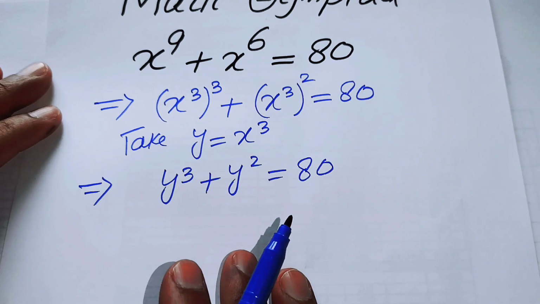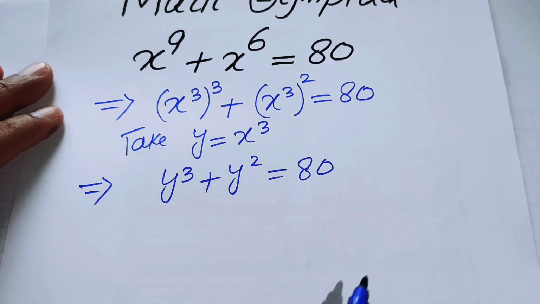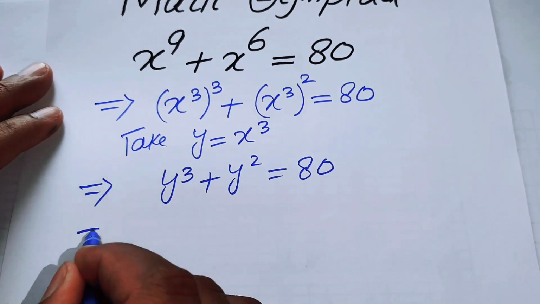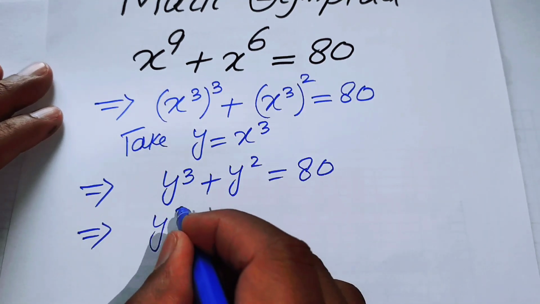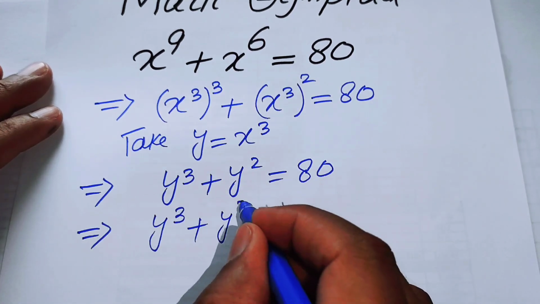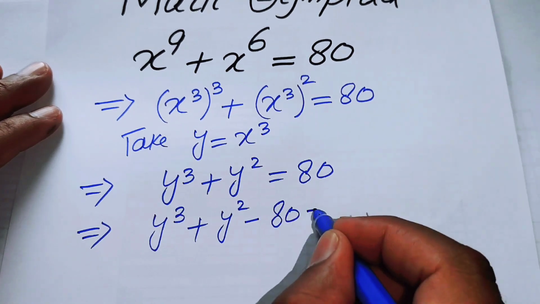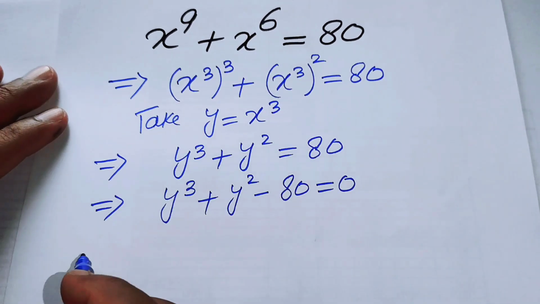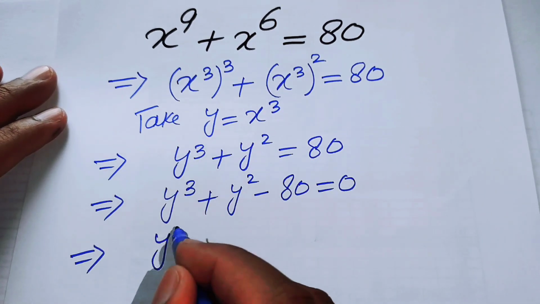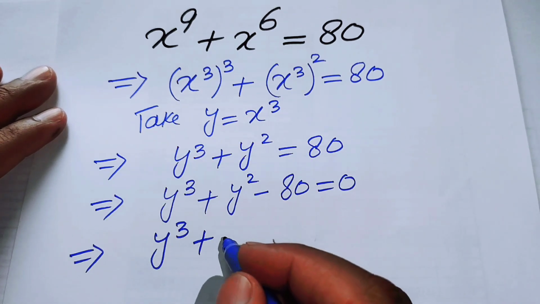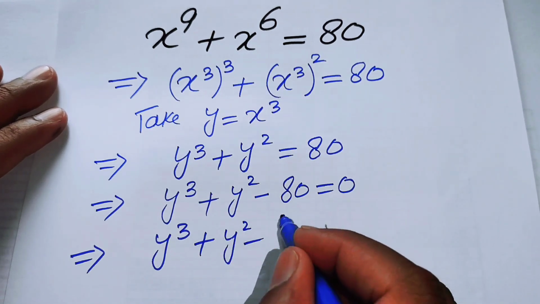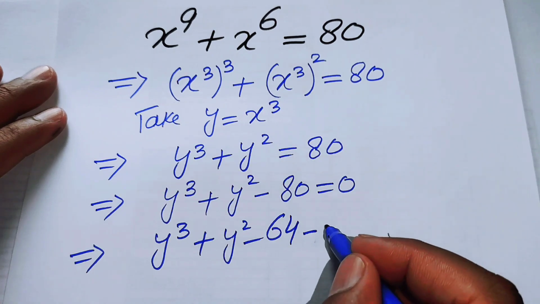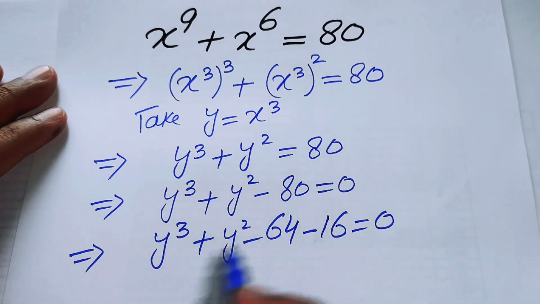And after that I can move this 80 to the left hand side, so that it is written as y cube plus y square minus 80 is equal to 0. Then I can write 80 as 64 plus 16, so minus 64 minus 16 is equal to 0.